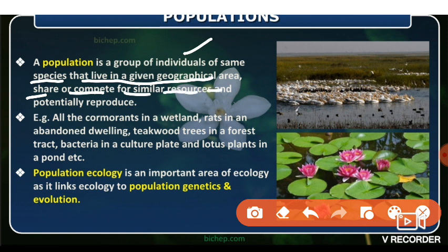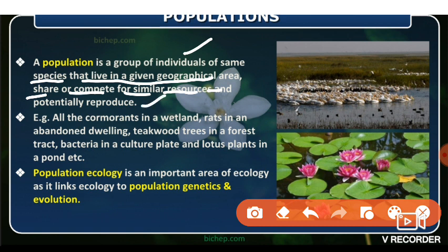For example, humans are competing for or sharing some resources. For example, tigers in a forest are competing for their food. Whatever resource they have, either food or habitat, they are all sharing or competing with each other for similar resources.